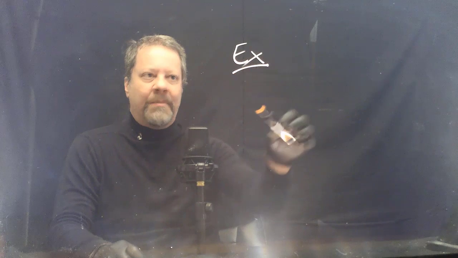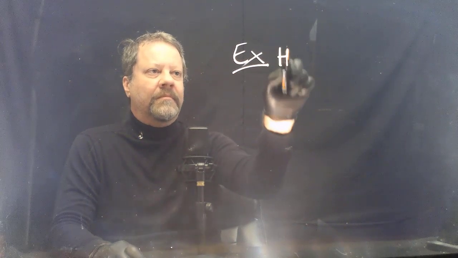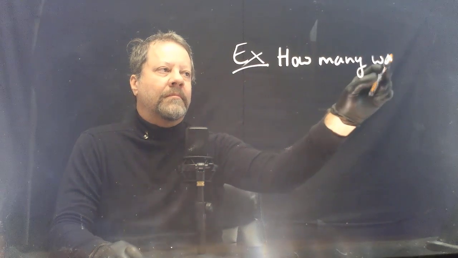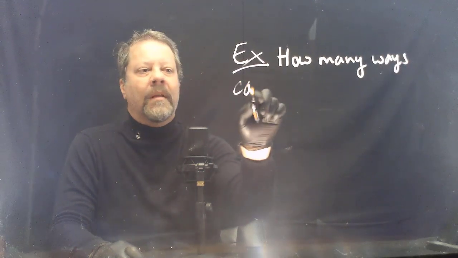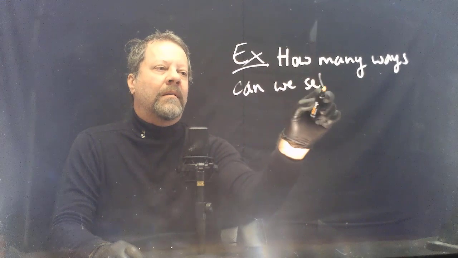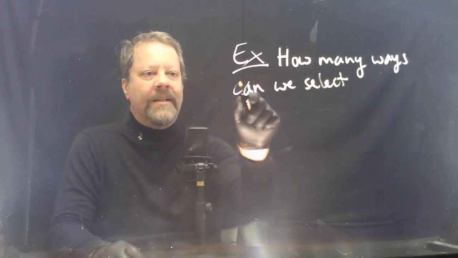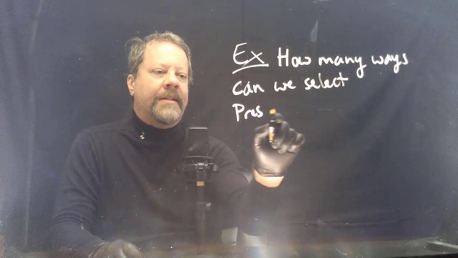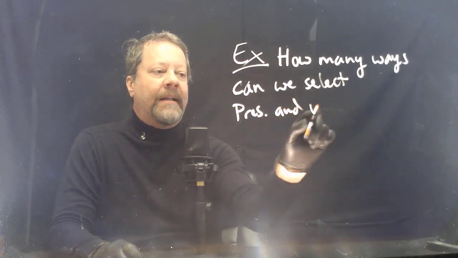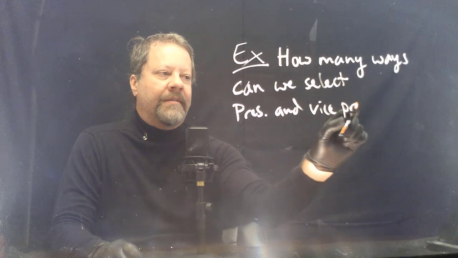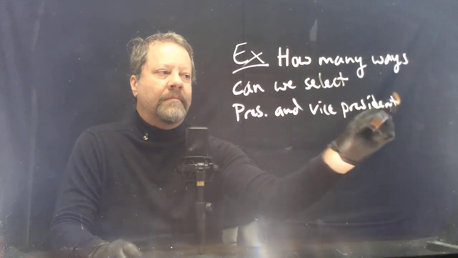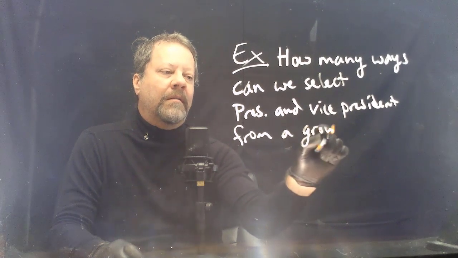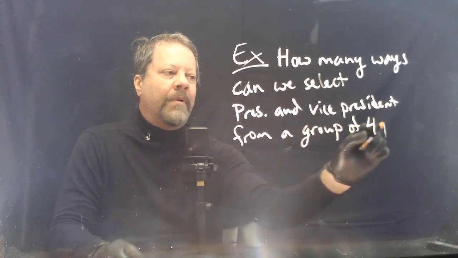As an example, how many ways can we select, let's say, president and vice president from a group of 4 people?